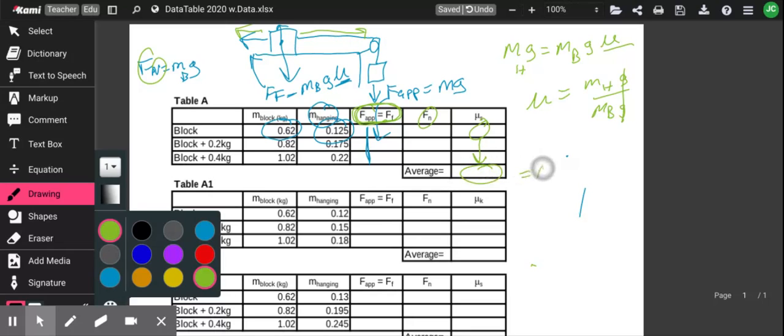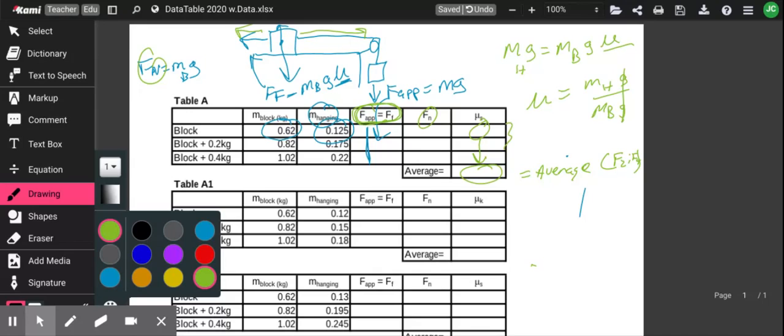So we just do something like average and then select all of these cells. So it would be A, B, C, D, E, F, F2 to F4, and then it will auto-calculate for you.